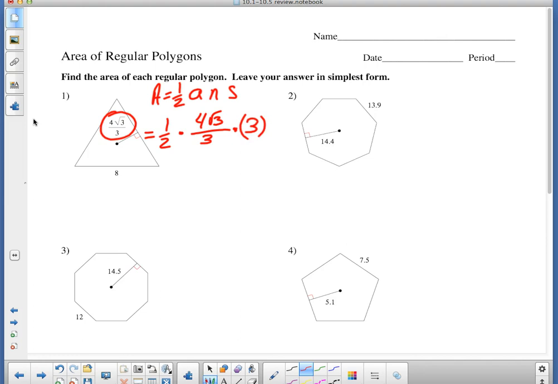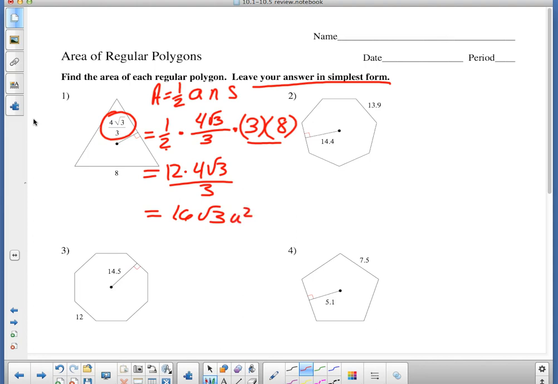That's the number of sides. My s is the side length, which is 8. So I've got 24 divided by 2 is 12. 12 times 4 the square root of 3 all over 3. And now I've got 16 the square root of 3. Hey, and answer in simplest form. So that's my answer there, 16 the square root of 3, and it's units squared.